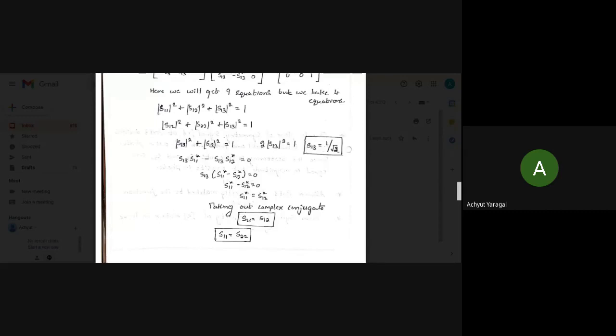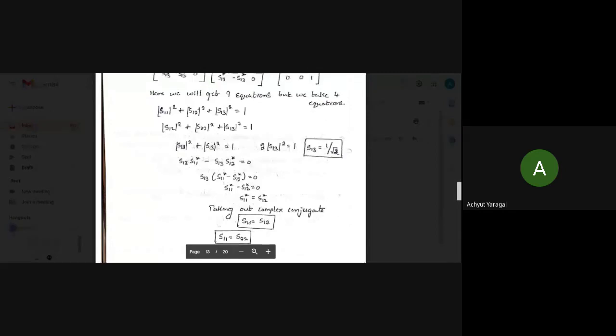If you take the conjugate out here, that's how you will get S11 is equal to S12. You also know that the reflection coefficient S11 is equal to S22 here, right? Then we have S13 we got here, S11 we got here, S12 and S22 we got here.